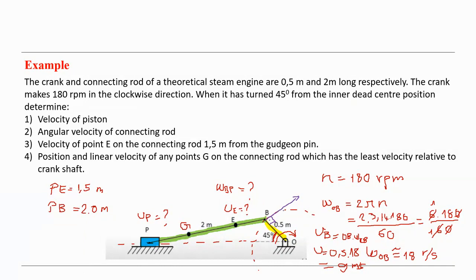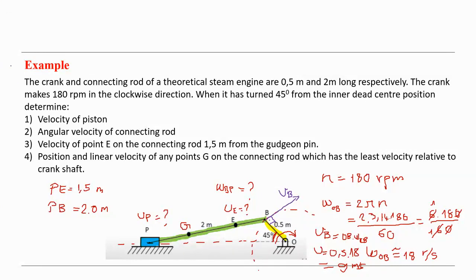This is the linear or tangential speed VB. We know the magnitude and the direction, so everything is known.